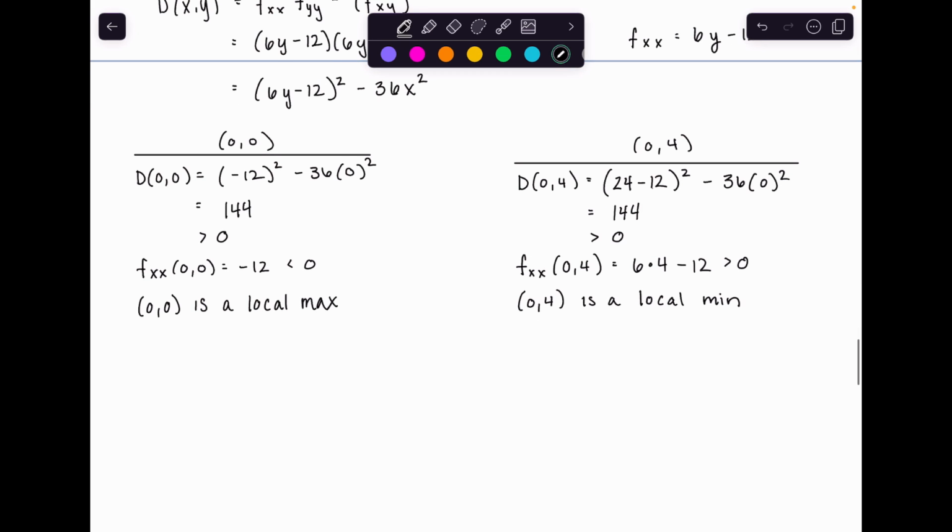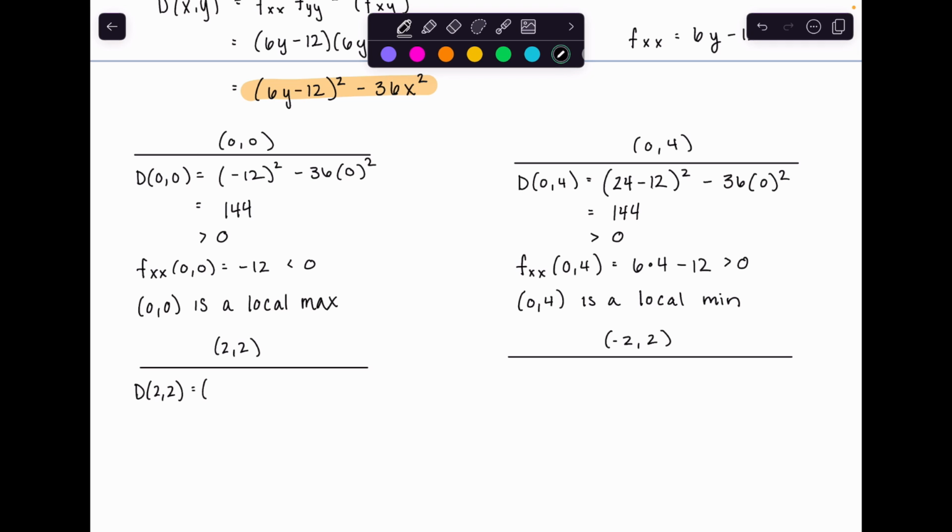Two more critical numbers to go. The first one being (2, 2), and then the second one is (negative 2, positive 2). So starting with the first one, plugging this into D. Again, just going to highlight this so it's easy to see.